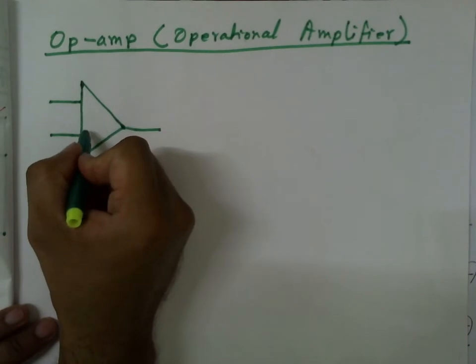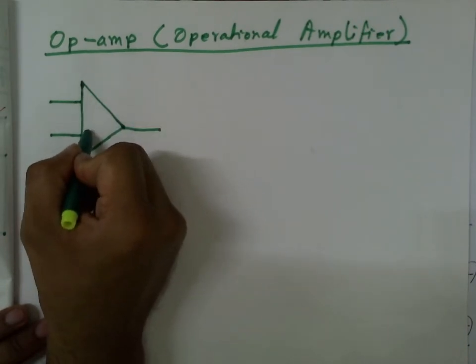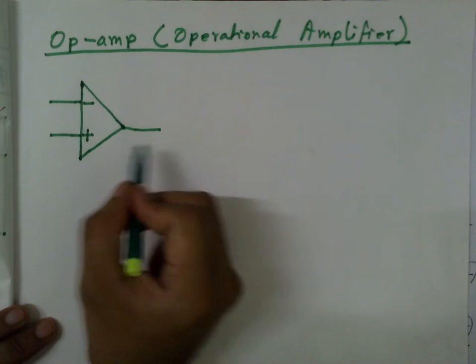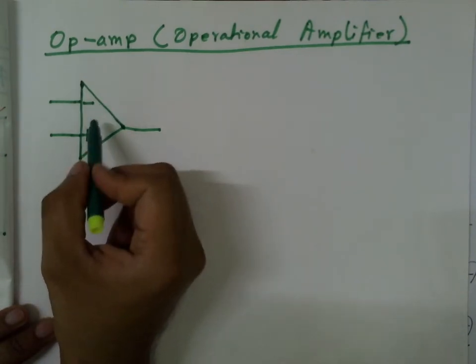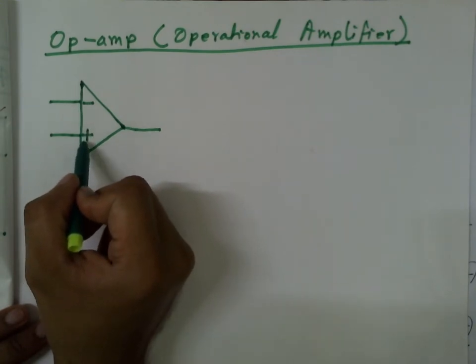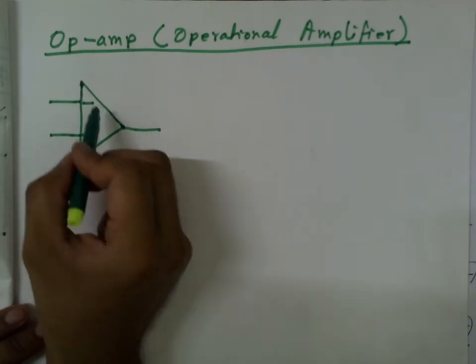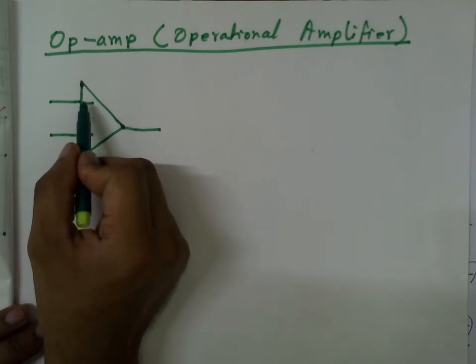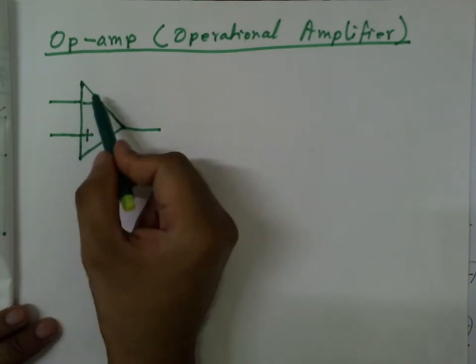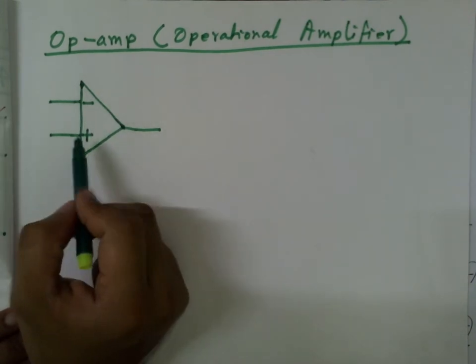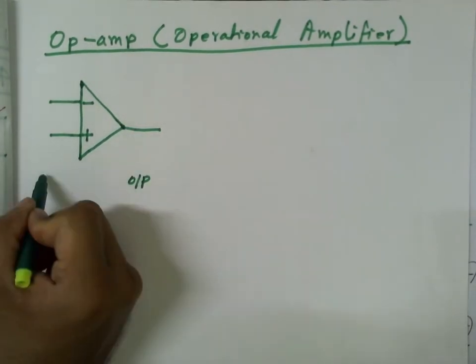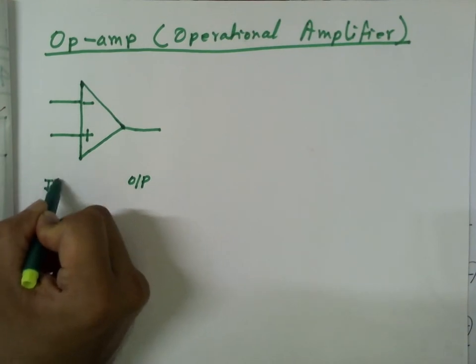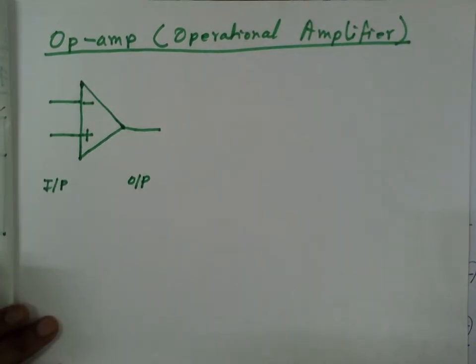The two input terminals are given the names plus and minus, also known as the non-inverting and inverting terminals, but it's easier to remember the plus and minus names. So this is the output side, this is the input side. Two inputs and one output.